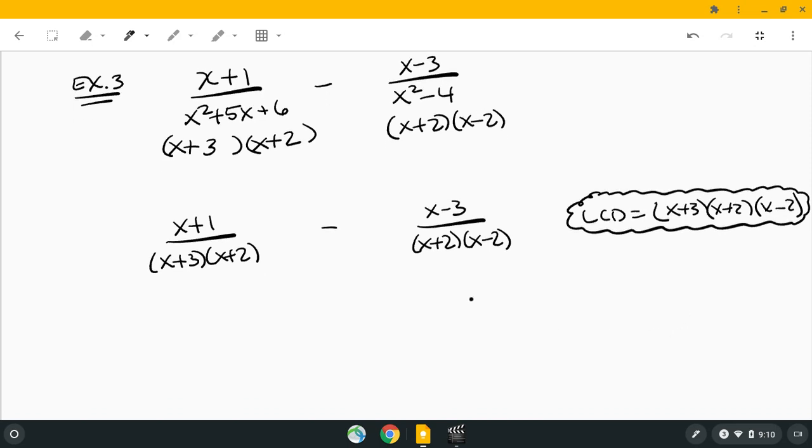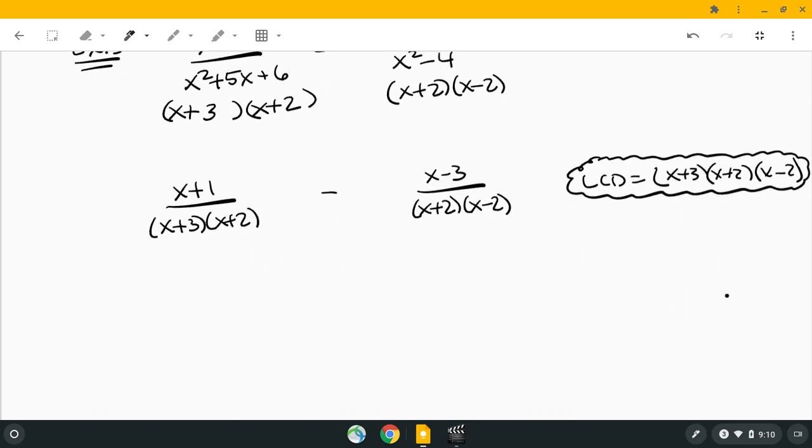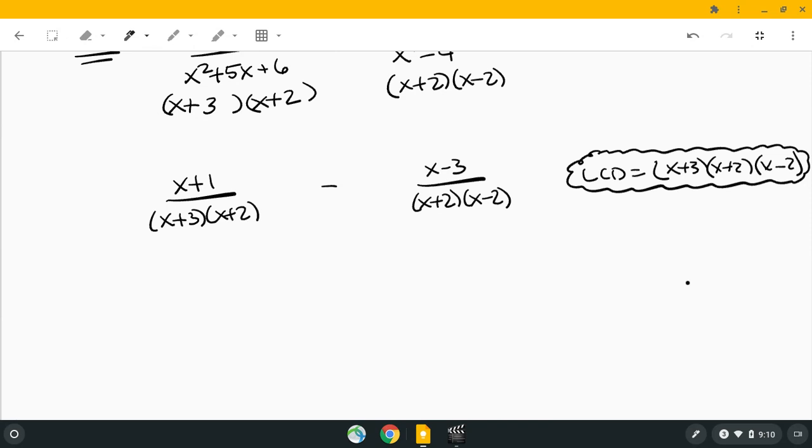And now I try to make my denominators look like the LCD. Okay, so let's have a look. This first denominator, x plus 3, x plus 2, we are missing the x minus 2, right? We want our denominator to look like this. So we need to multiply by x minus 2 over itself.